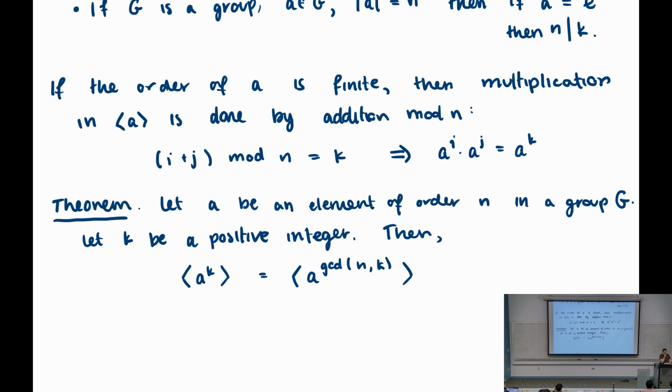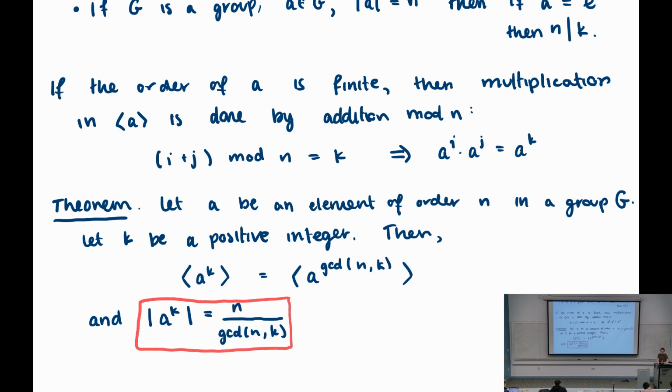Okay, so we have this, and another piece of this, which is the piece that gets used more frequently, is that the order of this group is equal to n divided by the GCD of n and k. Okay, so this part is important. This comes up a lot.